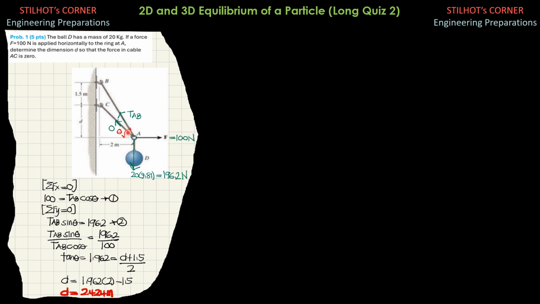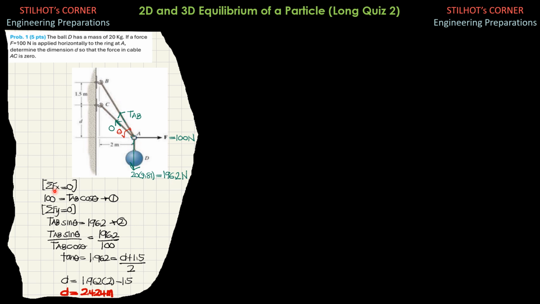We will call theta the angle that tension AB makes with the horizontal, and tangent of this angle is (1.5 plus D) all over 2. So let's solve for the components of AB, because tangent of this angle is also the vertical component of AB divided by the horizontal component of tension in AB.